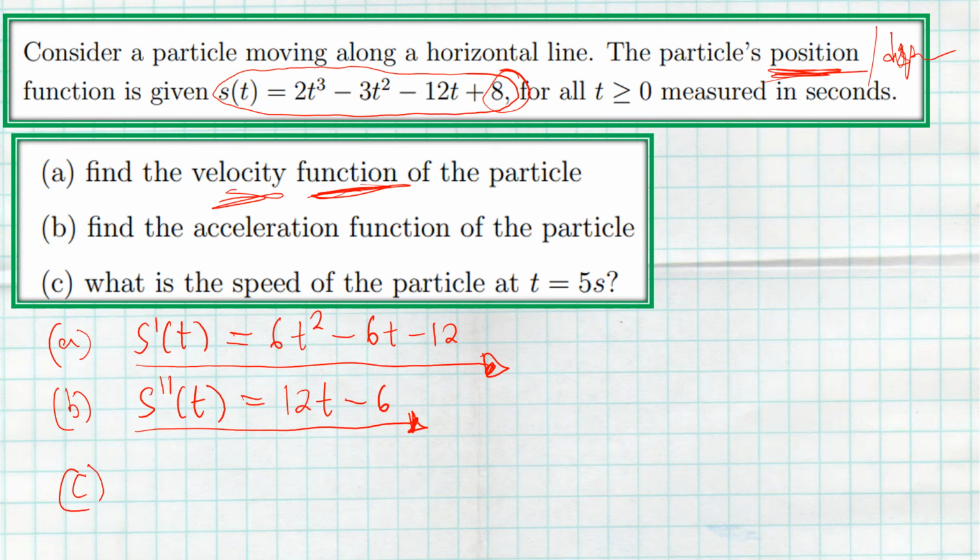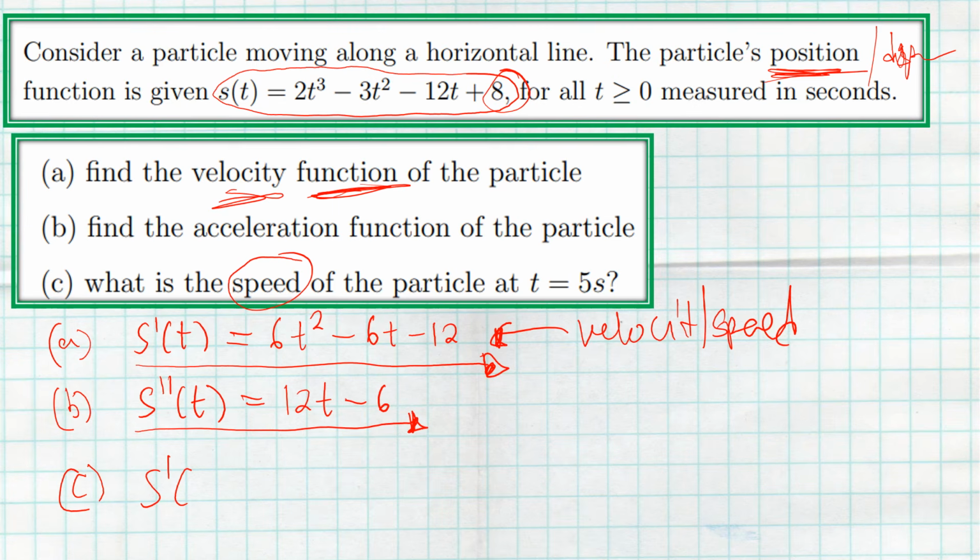Let's go to C. C says, what is the speed of the particle at t equals 5 seconds, right? So now they want you to get the speed, or rather velocity, of the particle at t equals 5 seconds. We already have the velocity function. So what we actually do is go to our velocity or speed function and replace t by what?